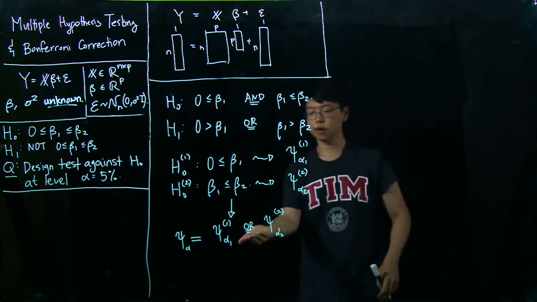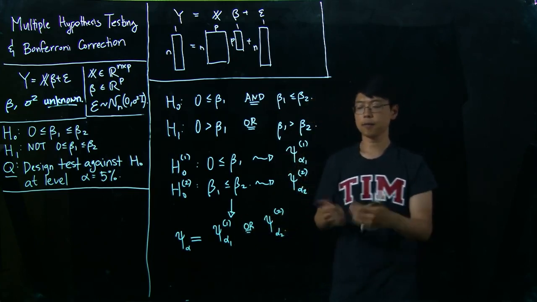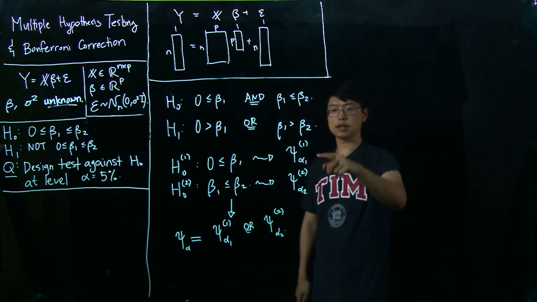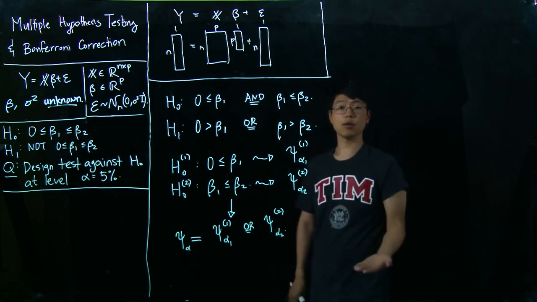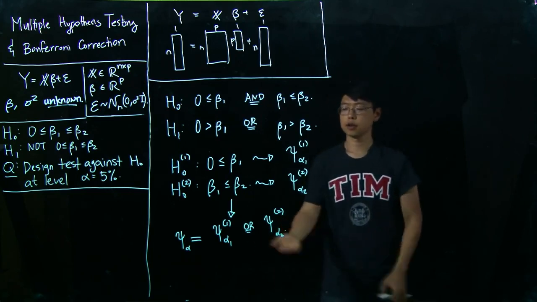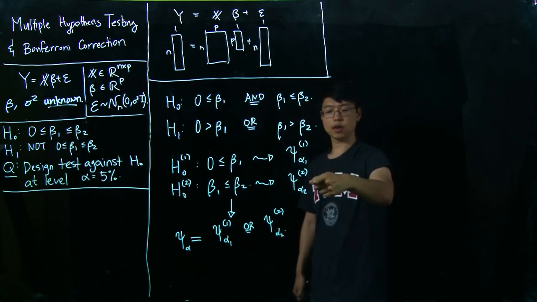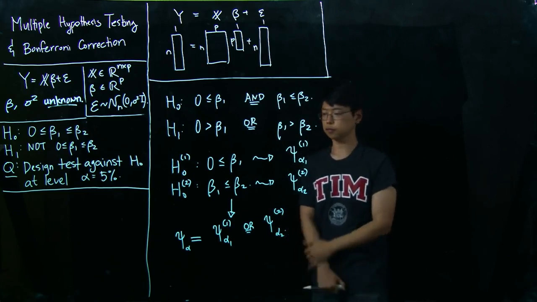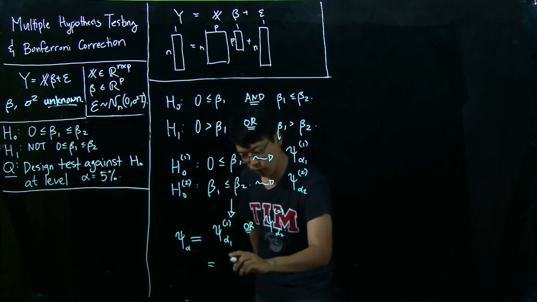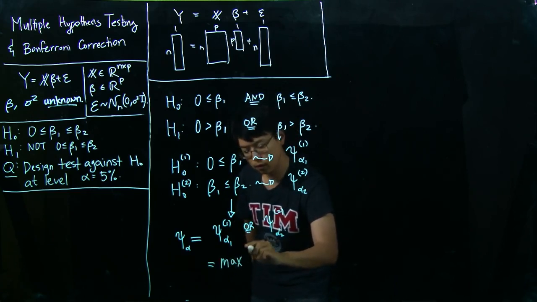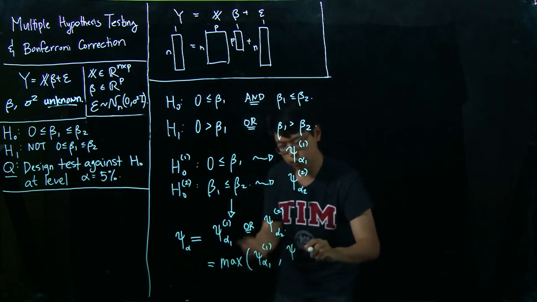And this word or, I've taken advantage of the fact that, the way we're going to encode these by standard notation, this is going to output 1 when it tells us to reject, and it outputs 0 when it tells us fail to reject. So this word or tells us that we should reject when this outputs 1, or this outputs 1, or both of these output 1. And another way to write this, just to drive the point home, is this is the maximum of the two tests put together.